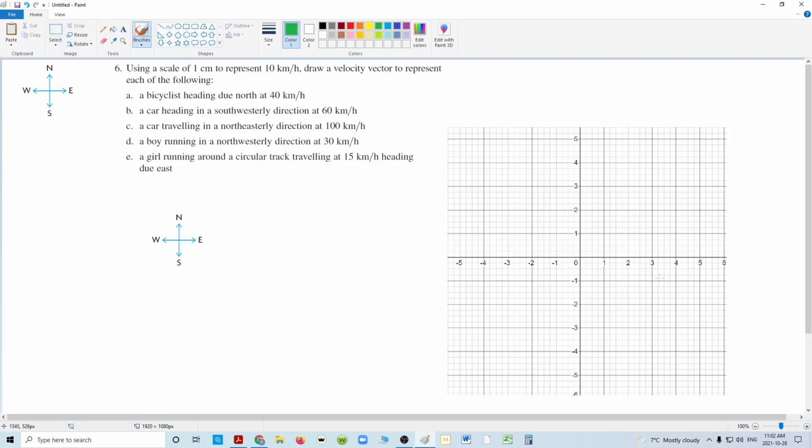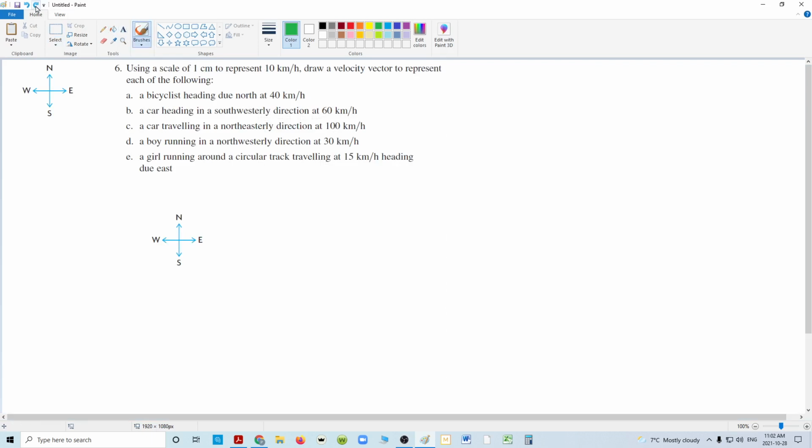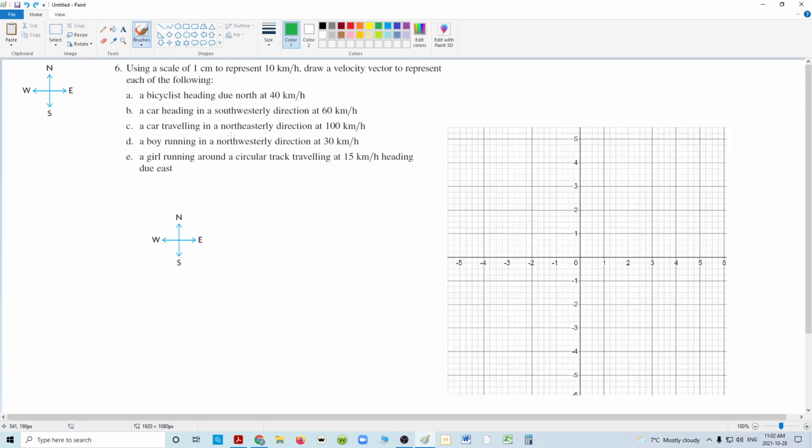Okay, let's call each unit, instead of 1 centimeter, 10 kilometers an hour. So he's heading due north at 40 kilometers an hour. Okay, due north, 40 kilometers an hour, all the way up to 4. And you should put a little arrow on it. Notice also that he's at 0, 4 here, and 0, 0 is his start.